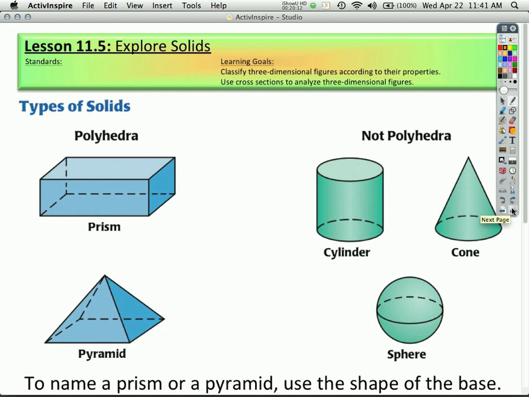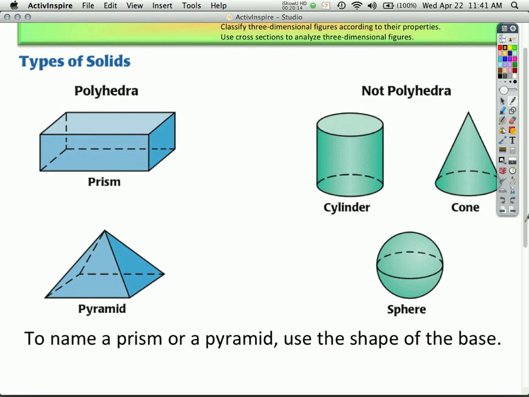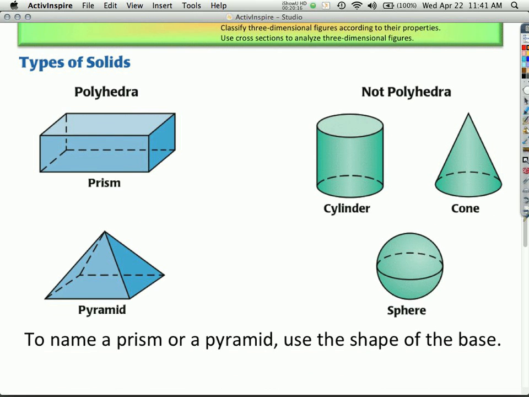So, types of solids. Just to make sure we're clear on polyhedron versus non-polyhedron. A polyhedron has faces. The ones that are not may have a face, but also have a curved part. Once you introduce a curve, it is no longer a polyhedron.